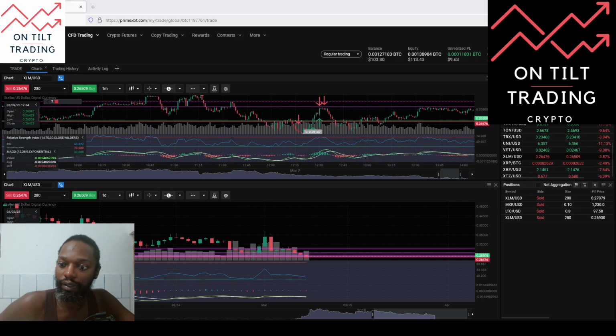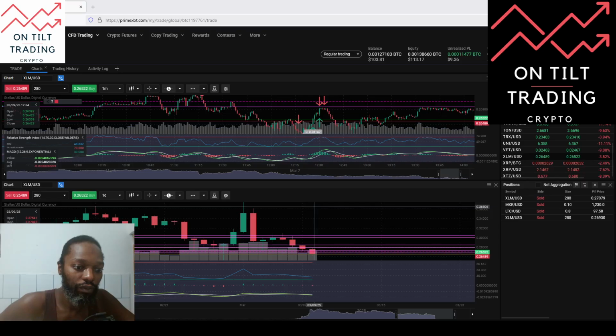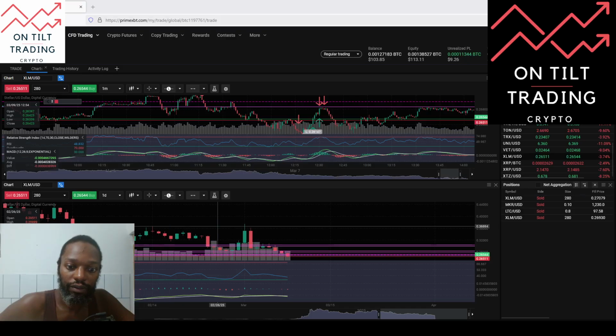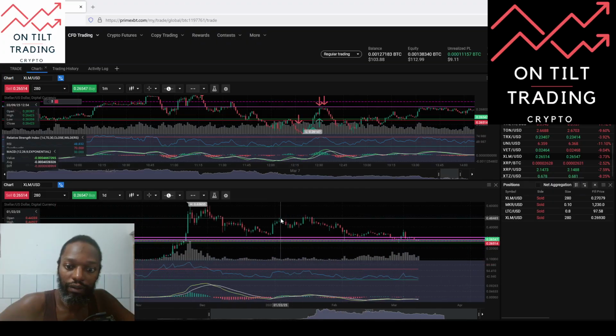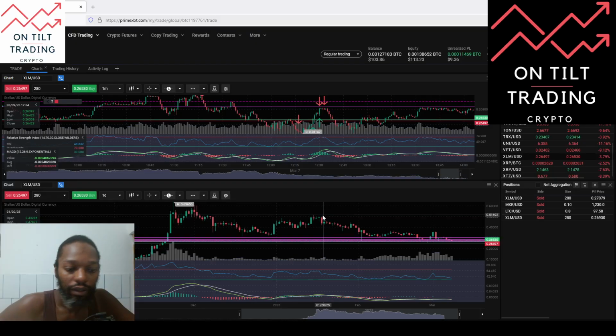So RSI here. We're at 36, so we're below 50, so I only want to short this currency pair. Let's get an idea for target. So this is my first target. This green line down here.